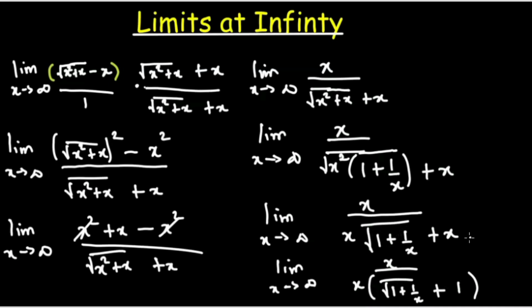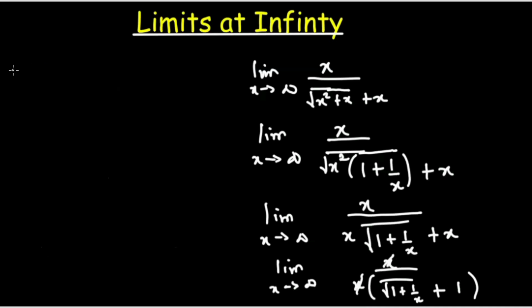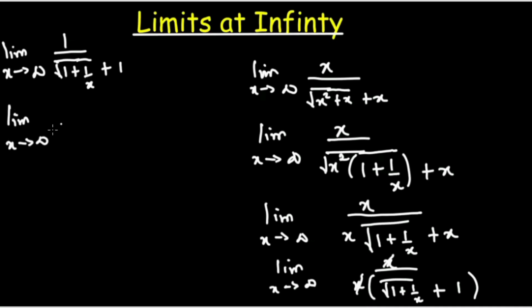Let me clear out this part. So we have the limit as x tends to infinity of 1 all over the square root of 1 plus 1 over x plus 1. Alright, so now we can easily substitute our infinity, and we're going to have the limit as x tends to infinity of 1 over the square root of 1 plus 1 over infinity plus 1.